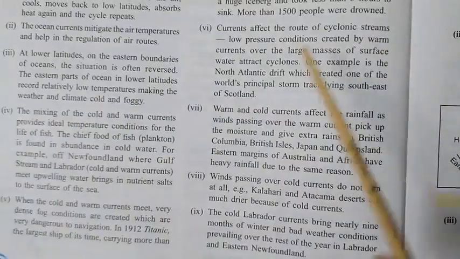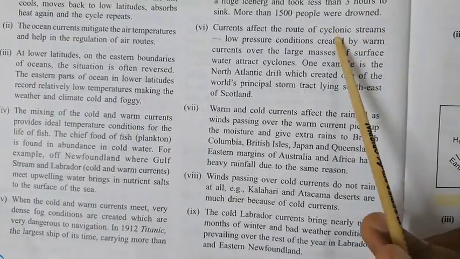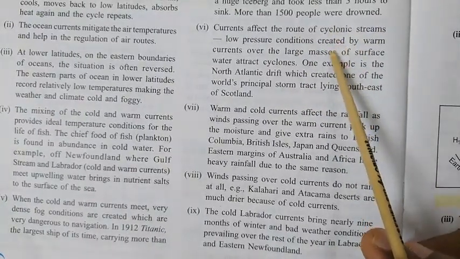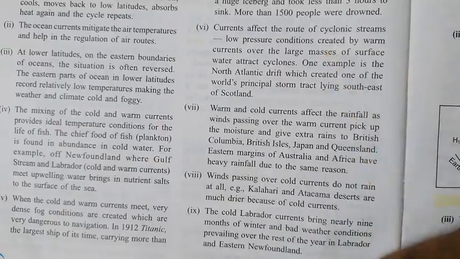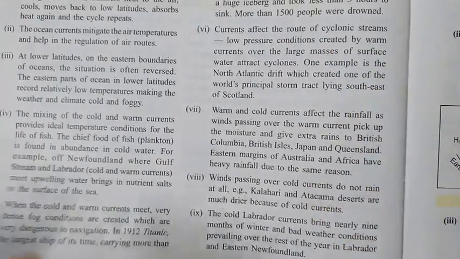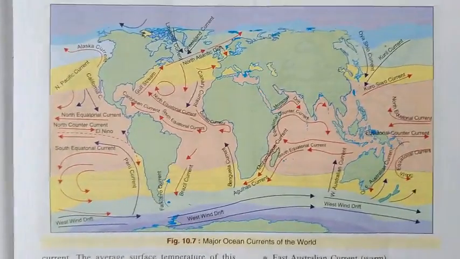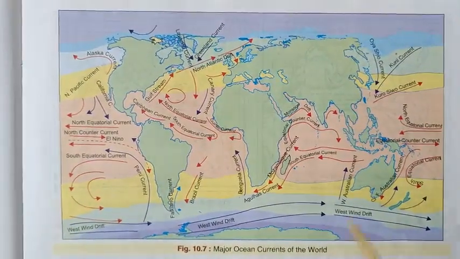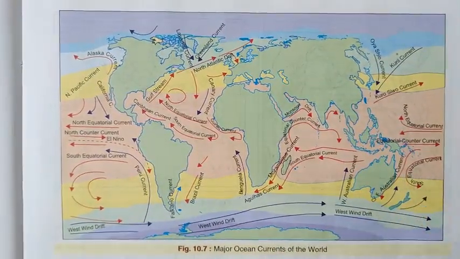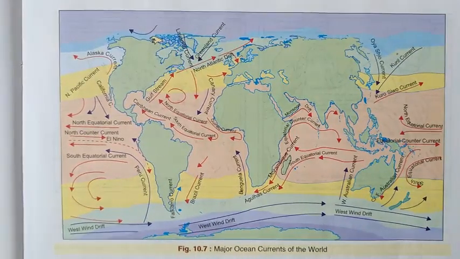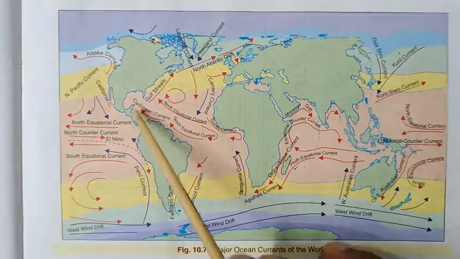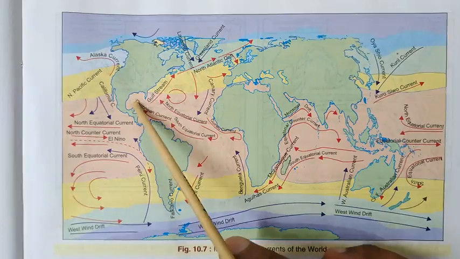Next, even the cyclones are also affected by these ocean currents. You will usually find one thing. Now let me take you to the map here and look. There are some areas which usually experience cyclones. Cyclones are very, very common in those areas. Look, this is the Gulf of Mexico.